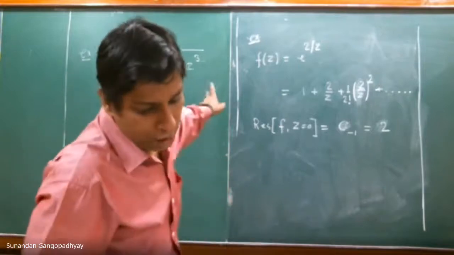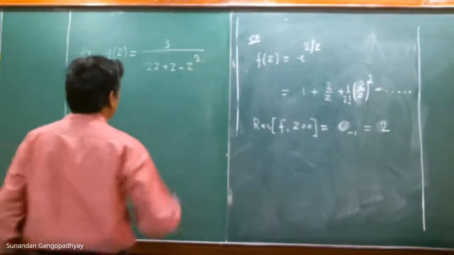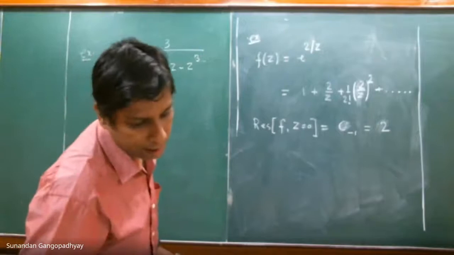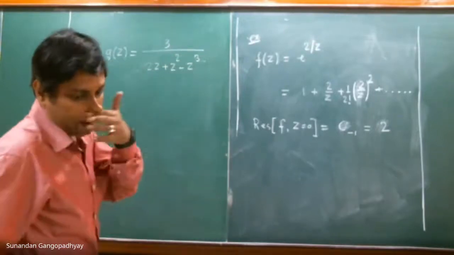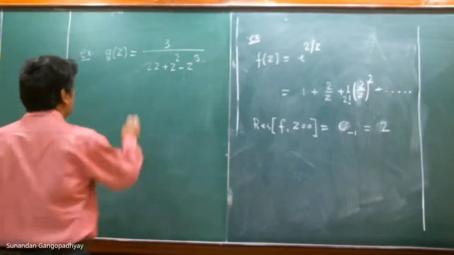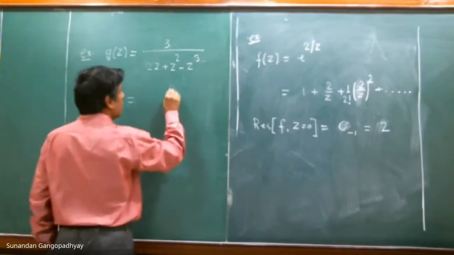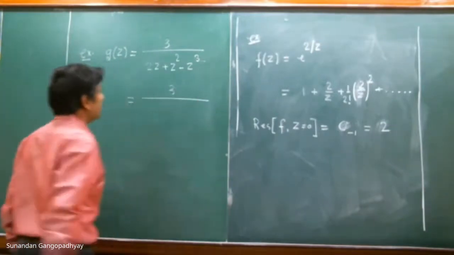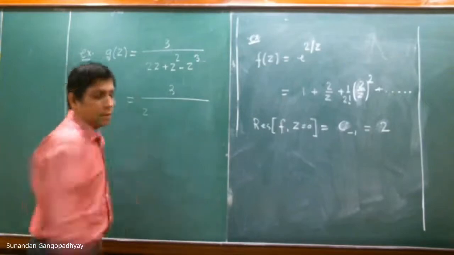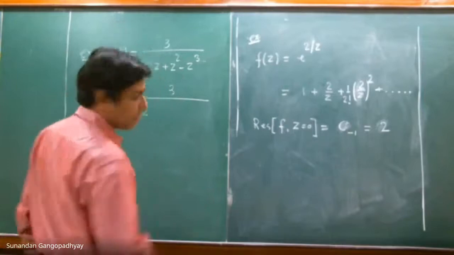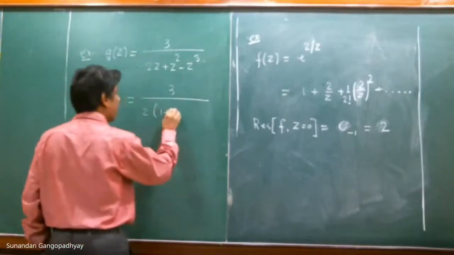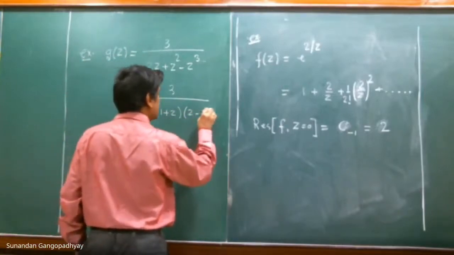I gave you a function of this form, 2z plus z square minus z cube, and we found out the pole structure of this function, and the answer was z, 1 plus z, 2 minus z.